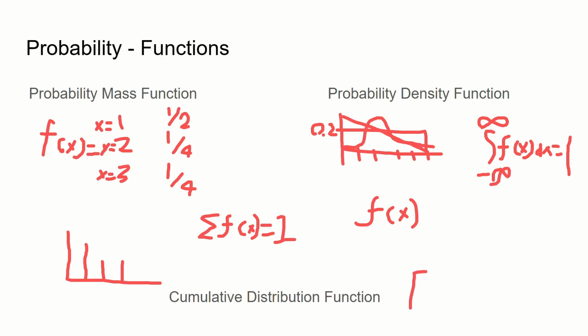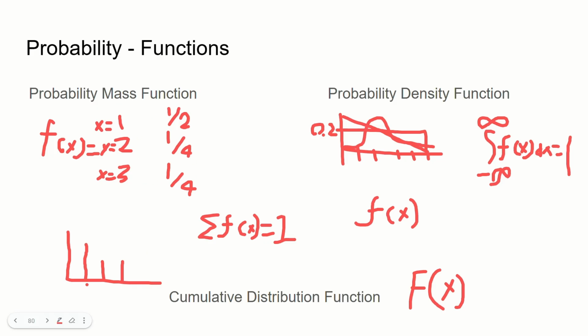This will use a capital F. So capital F of x is the cumulative distribution function. And so if we're still doing discrete, we ask what's the chance that we're 2 or less? That includes this value and all the previous ones, so that would be a 3/4 chance. The chance that we're 1 or less is a half chance. The chance that we're 3 or less is guaranteed.